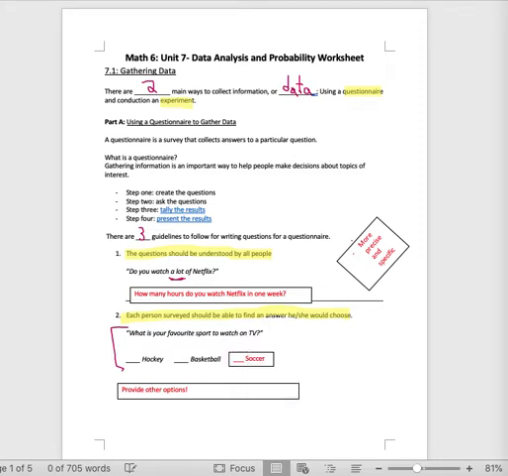Maybe you create one for wrestling. Maybe somebody says something that you don't have, so you create an other category. Remember, a questionnaire is where you go around and ask people actual questions. If you ask, what is your favorite sport to watch on TV, and someone says table tennis, but you don't have it, then that's when you would put it in the other category.